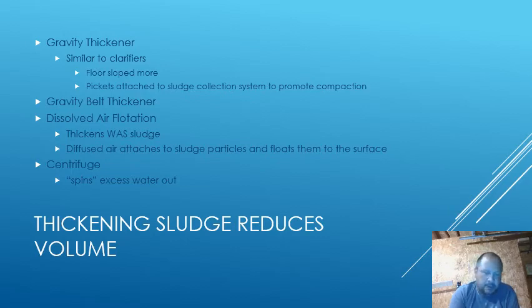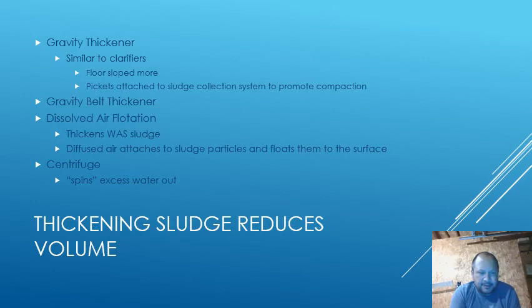So gravity thickening, a gravity belt thickener, is going to look similar to a belt filter press. Generally, with these, you're going to be adding polymer to the sludge, which will kind of get it to clump together.